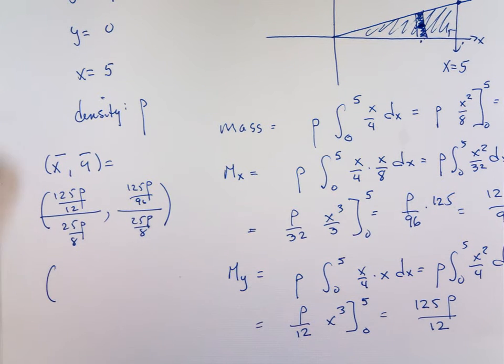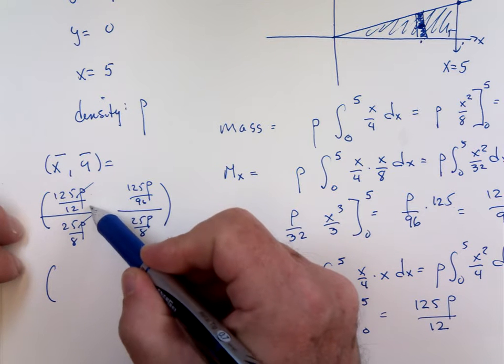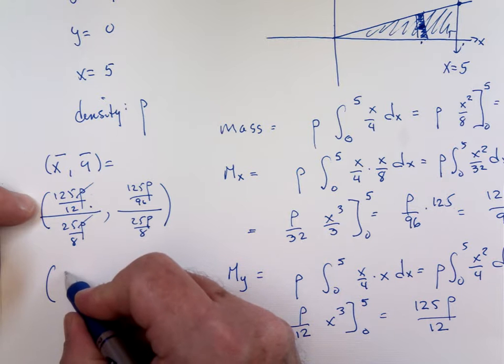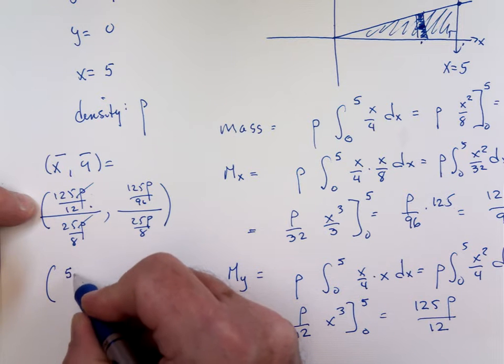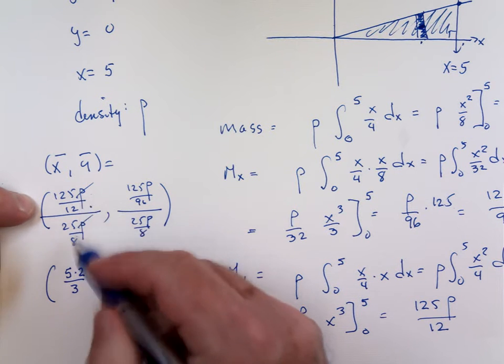Let's simplify this. The rhos cancel. This becomes 8 over 25. 25 goes in there 5 times, 2 because 4 goes over 3. This simplifies to 10 thirds.